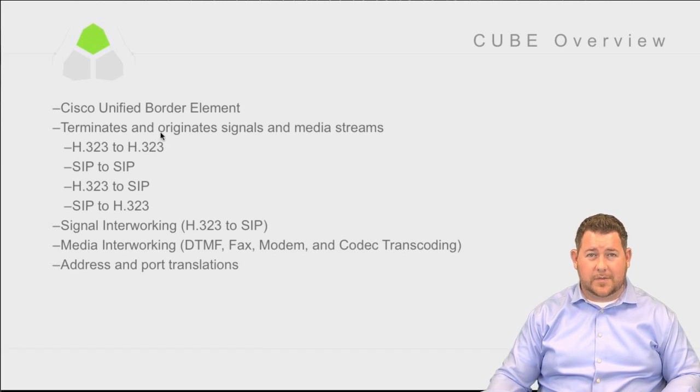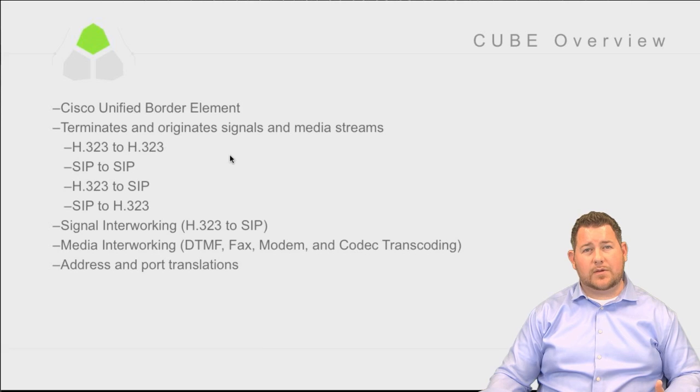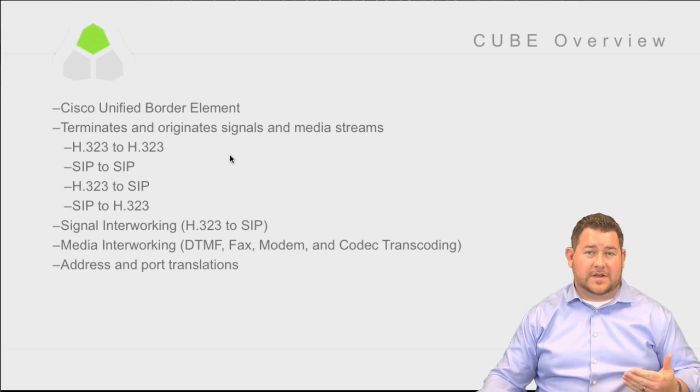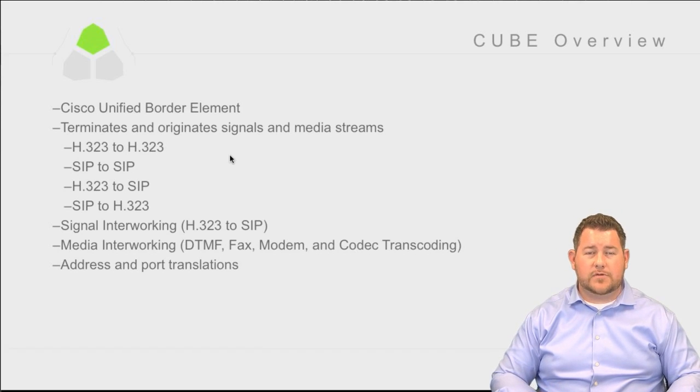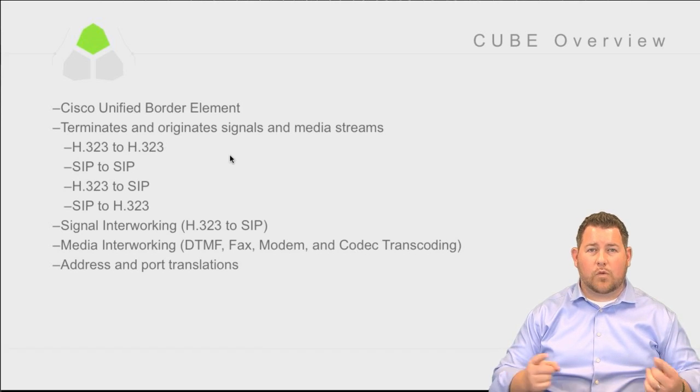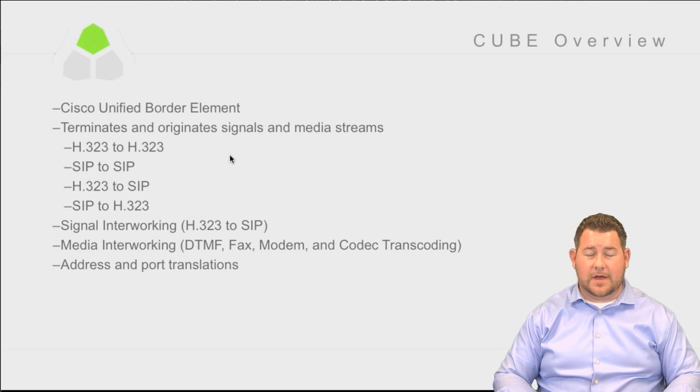So first of all, it terminates and originates signals and media streams. So when you think about that, if I'm communicating with Cube via SIP, I want to send first of all a SIP signal to communicate with that, and then maybe it has to go to a dial peer that's an H323 dial peer. Well, now it's got to interwork between those two signaling methods.